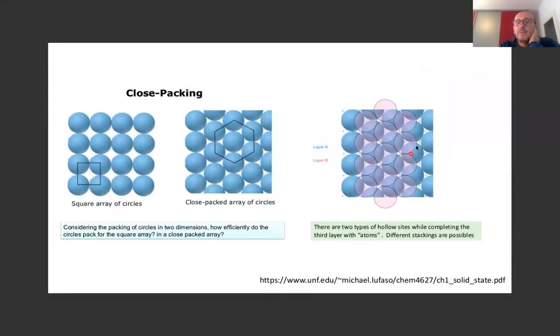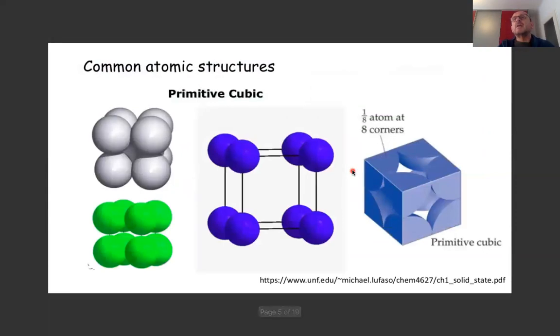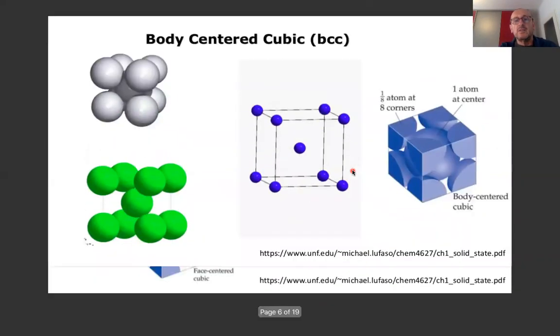There is the hexagon, and it really depends on the actual sequence of layers, because it should be a material which is A, B, A, B. Let's say the other guy is also in here, and then this will be A, B, and A, B, meaning the third layer would be equal to the first layer. But you can have materials that are A, B, C, meaning they are using the hollow sites in the third layer.